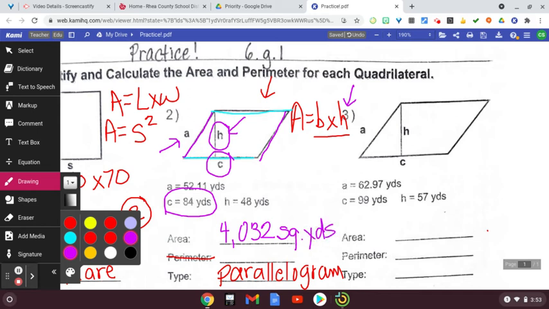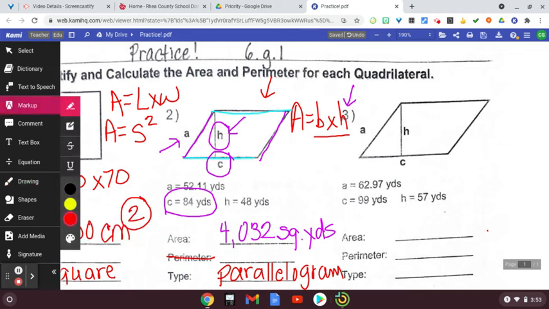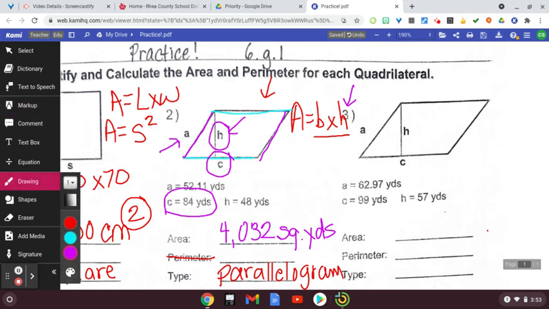Okay, pretty easy peasy. Now, number 3, if you guys notice as well, it is also a parallelogram. So don't forget to go ahead and make sure you're writing parallelogram. Remember, we don't have to do the perimeter. Hopefully you remember the formula for a parallelogram, and it is base times height.